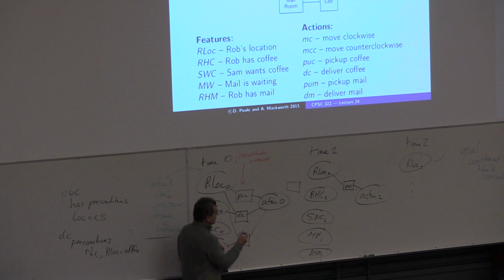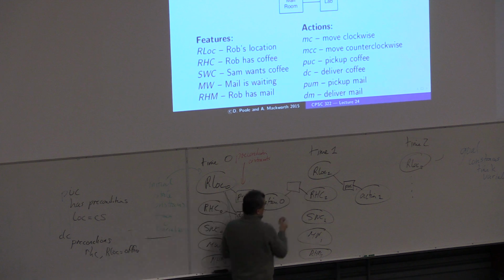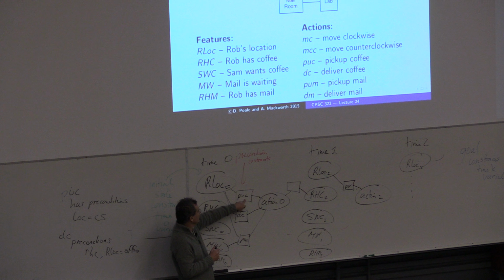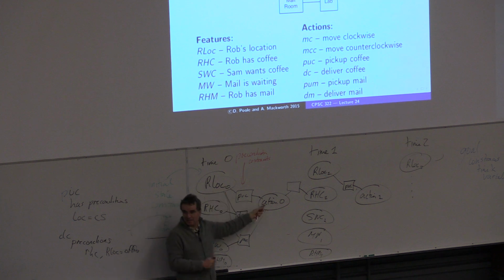Well, there's a constraint with the action. What else does it depend on? Does it only depend on the action? But presumably we can't pick up coffee unless the location is right. There's a precondition, we won't be able to carry out that action unless the precondition holds.